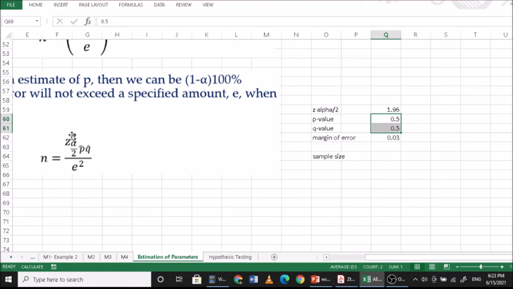So let's have this one. First is z alpha over 2 squared. So first we square your z alpha. Then next, you square your margin of error.